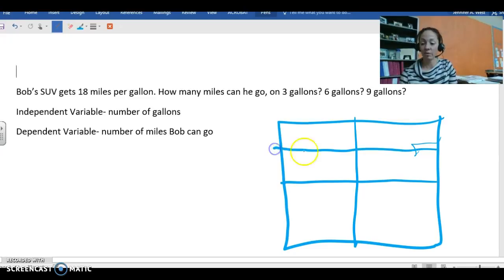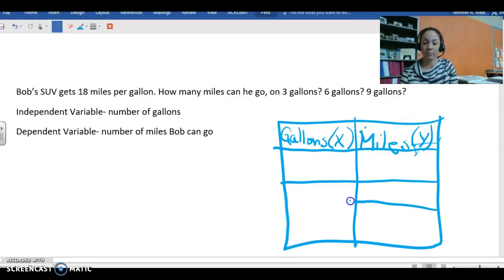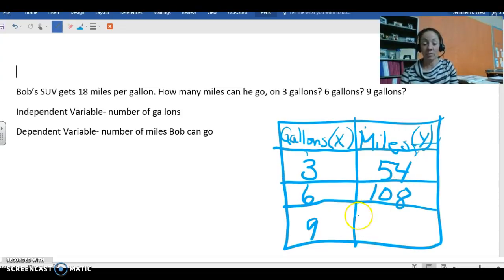And at the top, we've got our gallons, which is X. And the miles that Bob can travel is our Y. All right. So we have 3 gallons, 6 gallons, and 9 gallons. And on 3 gallons, he can travel 54 miles. And on 6 gallons, he can travel 108 miles. And with 9 gallons of gas, Bob can crank out 162 miles with that little car of his.